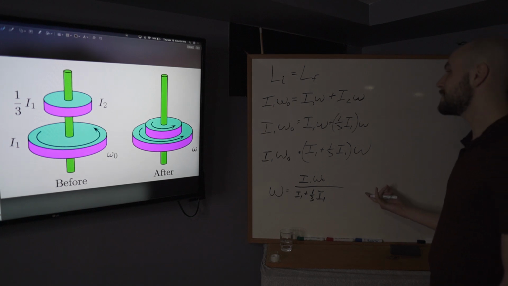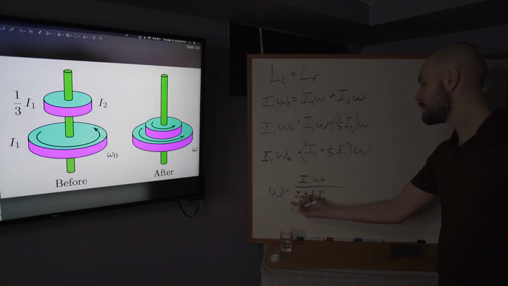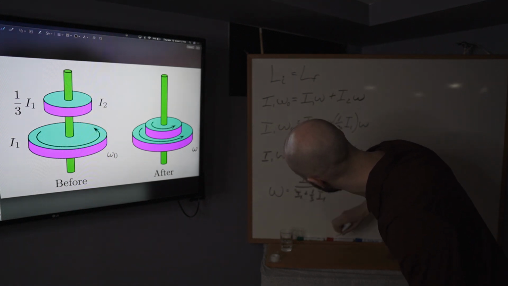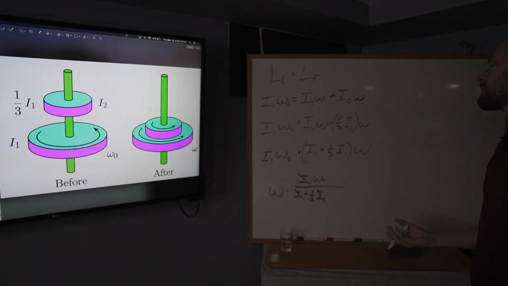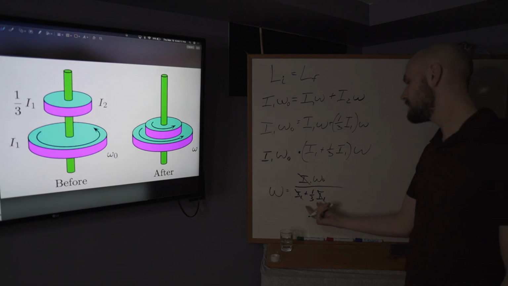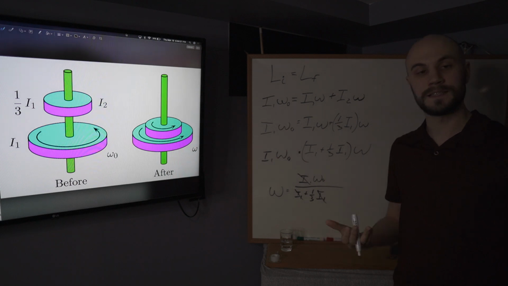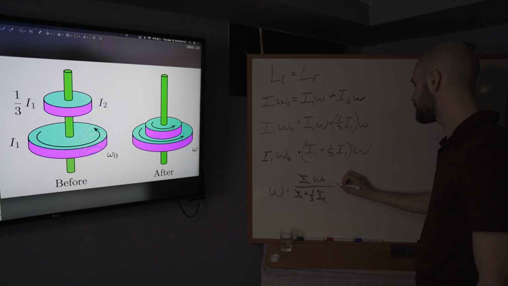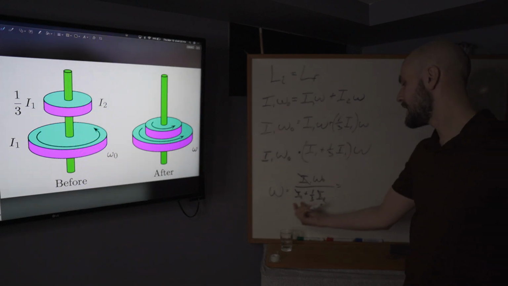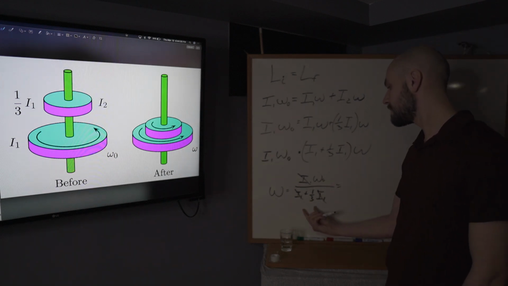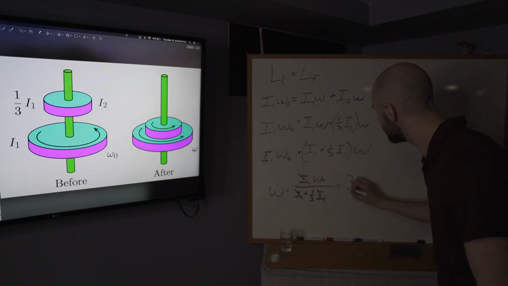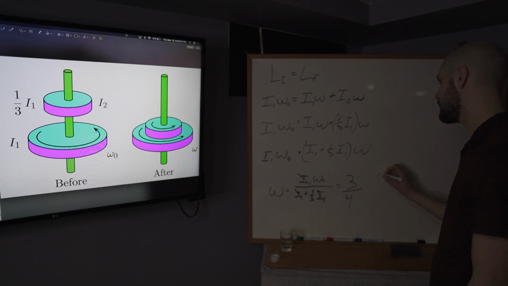Something we could have noticed early on is that I1 shows up in all these terms, so it cancels out. Now we get a coefficient for omega naught that relates it to the final angular velocity. 1 plus 1/3 ends up being 4/3, and 1 over 4/3 is equal to 3/4.